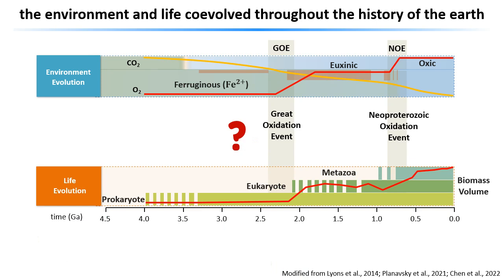As we can see from these pictures, the environment and the life for the past 4.6 billion years didn't go separate ways, but instead co-evolved throughout the history of the Earth, as reflected here, for example, by the similar variation of oxygen on the environmental side on the top, the red curve, and also the biomass volume on the life side on the other side.